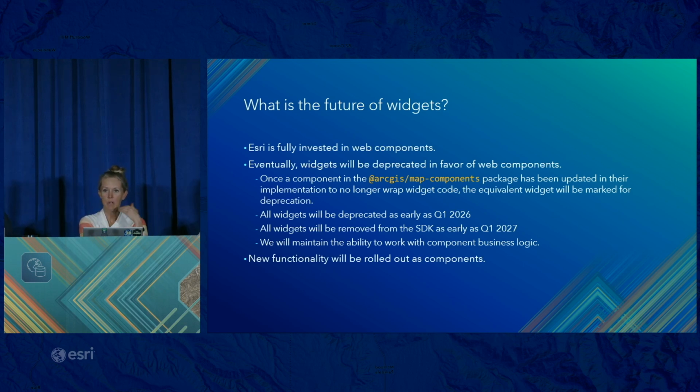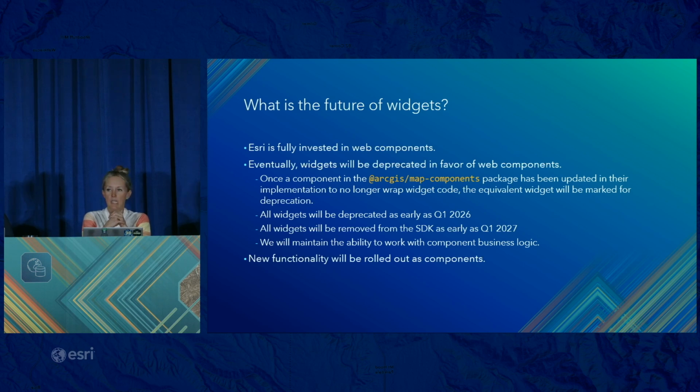And then the team's going, bit by bit, refactoring them, making sure they're all based on Calcite and following all the web component best practices. So I think we have 12 widgets that meet that criteria as of 4.32 that are now officially deprecated.